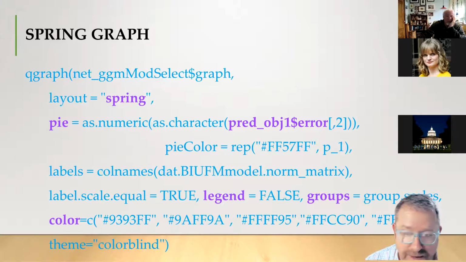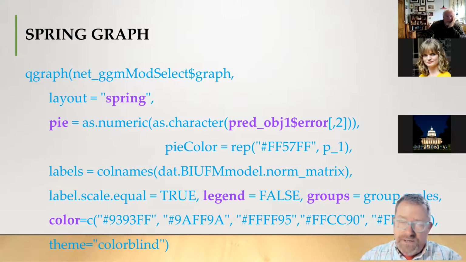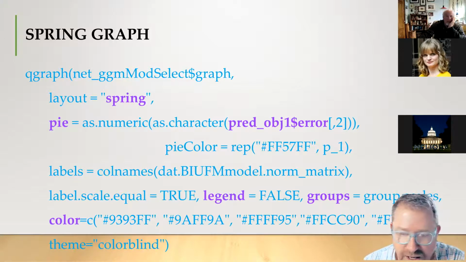This pi command puts the ring around each node that is filled to the degree that that variable was explained by other variables. So putting this predict object one $ sign error in fills that in. And I just told it to have a hot pink color.